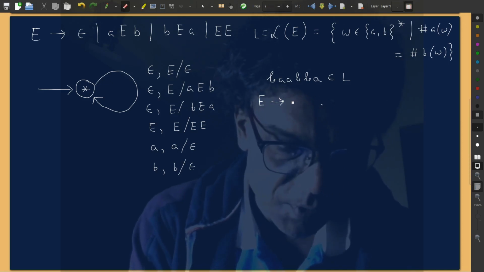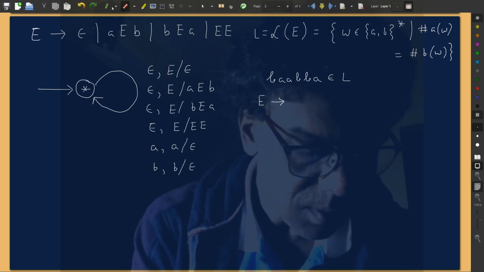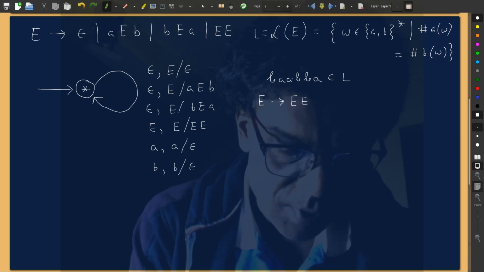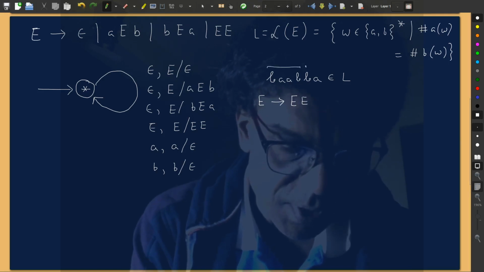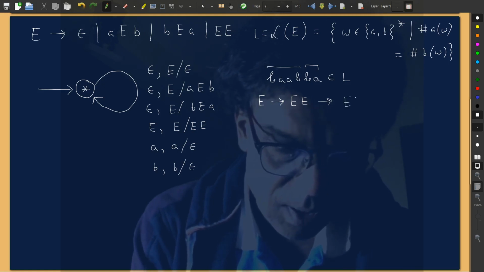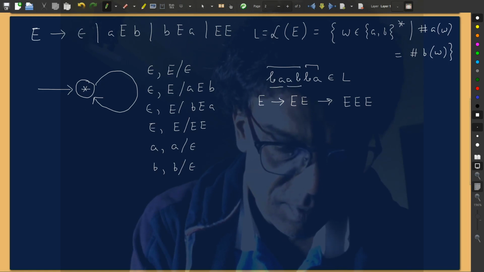Anyway, let me start with AE. Doesn't matter. So this first E will generate this, the second E will generate this. So the leftmost derivation, this E, I look at this, I have to use EE. Okay, E. So this E will generate this, this E will generate this.